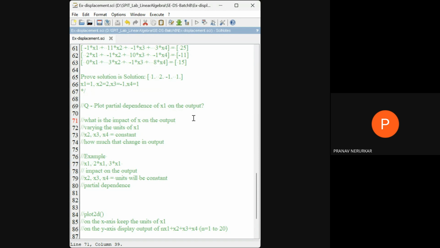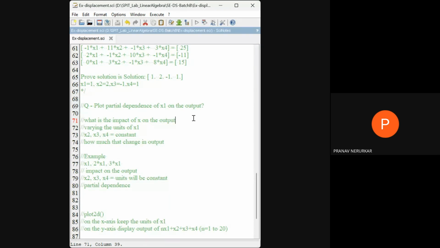So remember, X1, X2, X3, X4 are for this question. It is X1 plus X2 plus X3 plus X4. Just first we will do one X1, then 2X2, 3X3, 4X4 up to 20X1, keeping the other coefficients within the 4 equations.